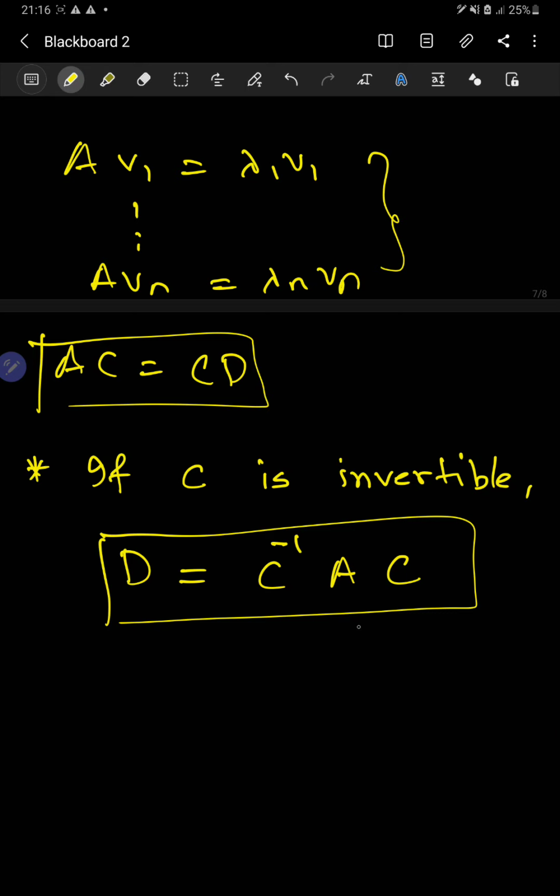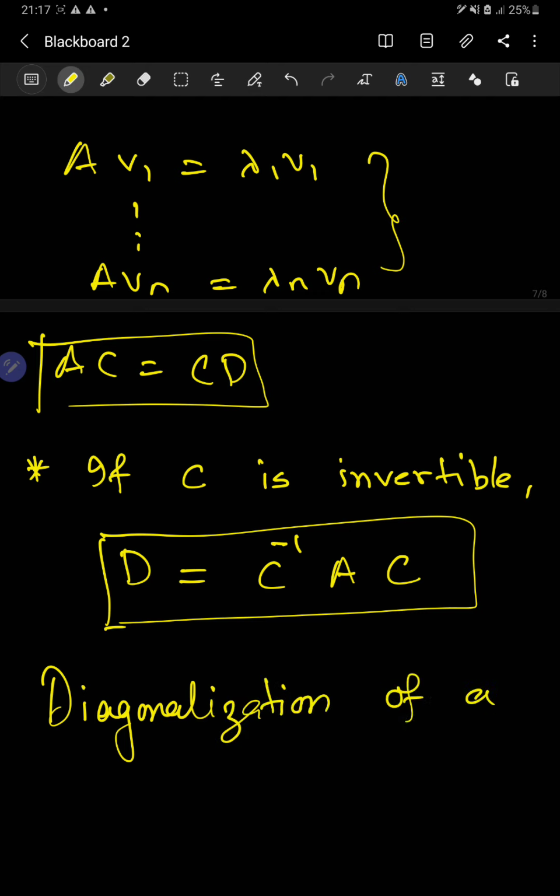Because if we have A and if we know the eigenvectors of A, we can construct the matrix C, find its inverse, and then we can have a diagonal matrix which corresponds to our original matrix A. This is the process of diagonalization of a matrix.